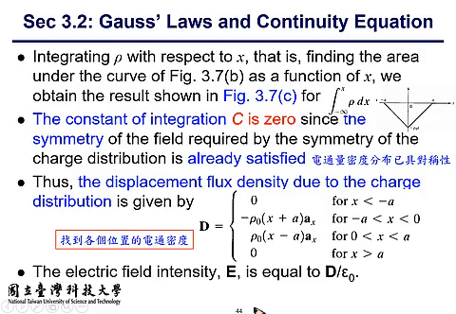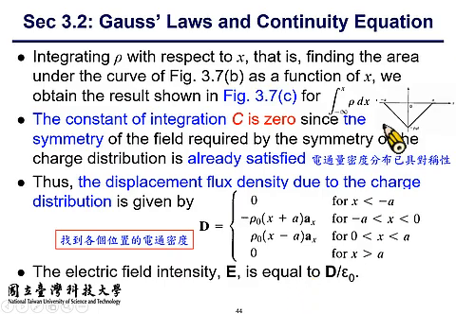So the solution for this problem, that is the electrical flux density within this region, can be expressed in this form: D equal to 0 for x smaller than minus a and x greater than a, and it's a negative value between minus a and a, displaced in a symmetrical fashion.